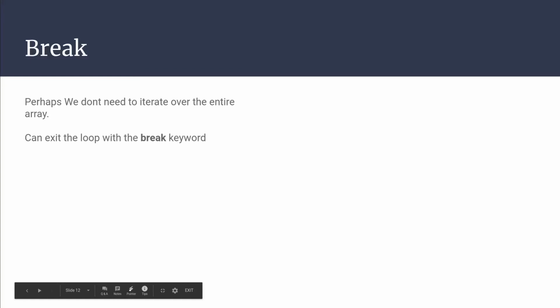Or it may make sense for us to break the loop, to stop executing the loop and exit the loop immediately. These are called continues and breaks. It may also make sense for us to stop processing the array given some condition.